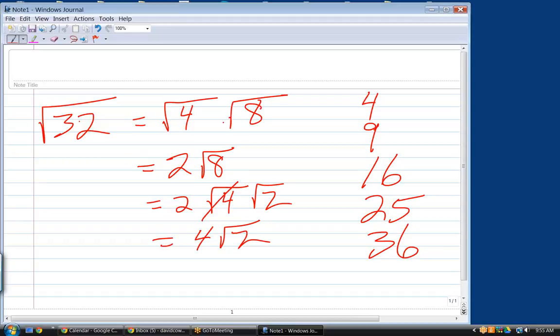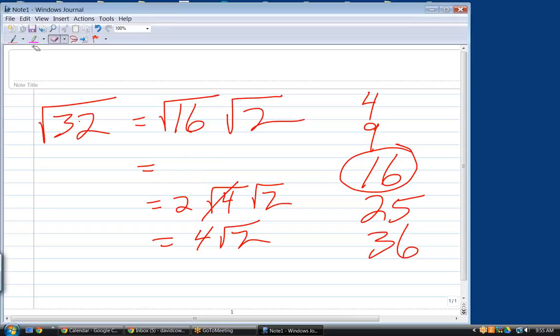Well, notice I got there in 4 steps. Could have gotten there in 1 step. Why? Because if you happen to notice, 16 is also on that list, and it is a factor of 32. So if I went back here and broke this up into square root of 16 times square root of 2, well, now that immediately becomes 4 root 2.